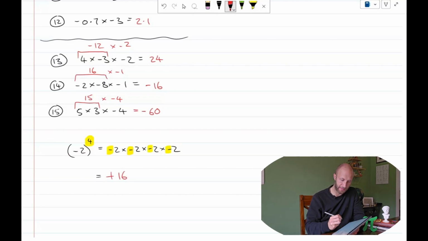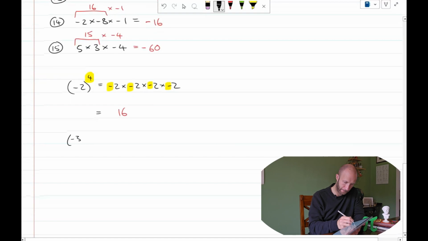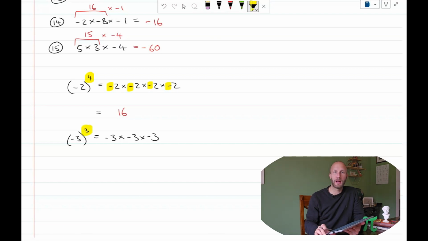This will be positive 16. Whereas if you've got an odd number, like minus 3 to the 3, I'll write it underneath. You can think of it like this, but if you're quite clever, you can think, well, this is an odd power, and therefore I'll be having an odd number of negatives times together. Therefore, my answer will definitely be negative.